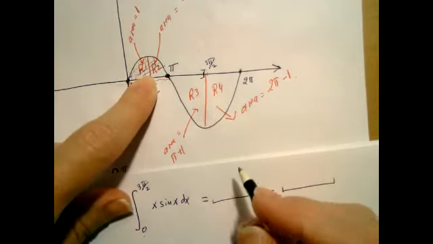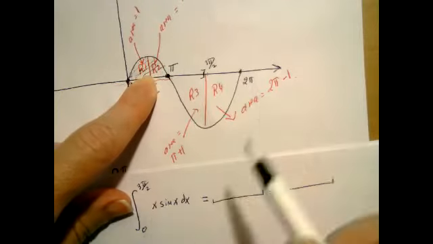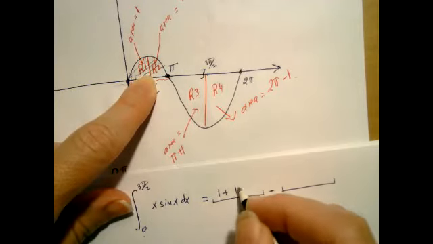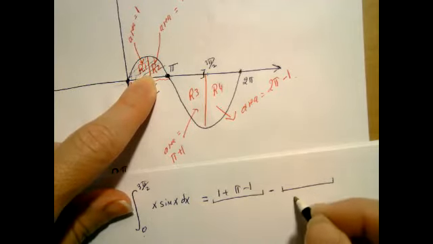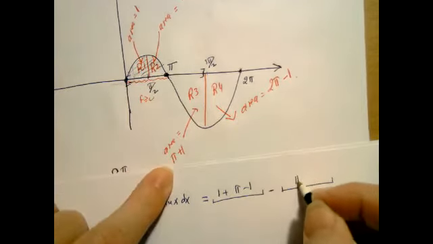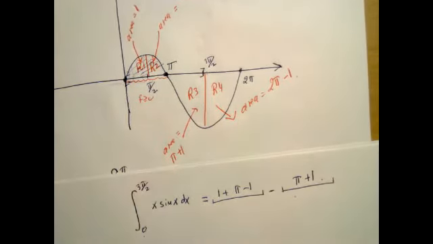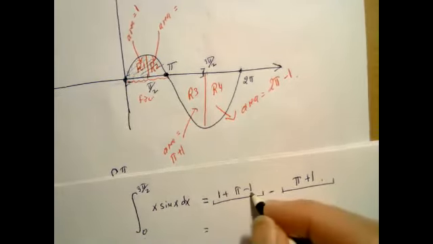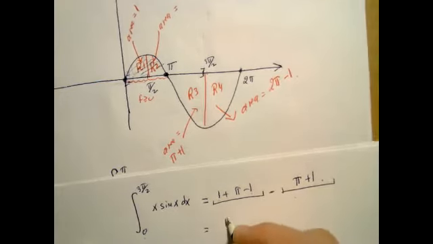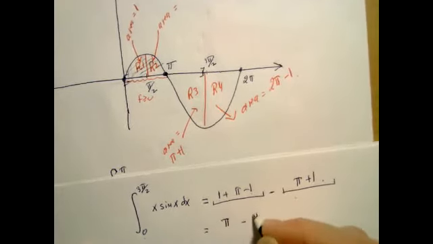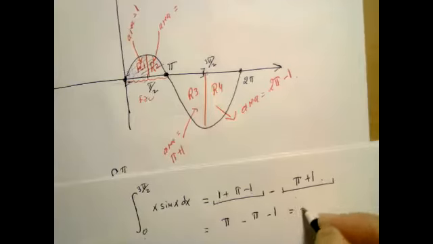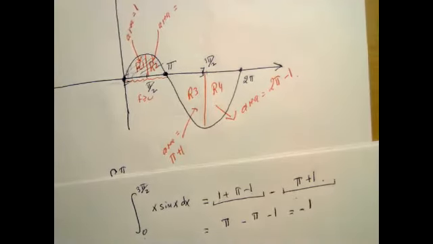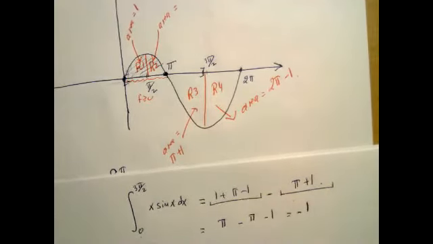Above the x-axis, the area is 1 plus pi minus 1, minus below the x-axis, it means minus pi plus 1. Okay, so this is going to give me what? 1 minus 1 cancel out, so I will have pi minus pi minus 1, which is equal to minus 1. Okay, it's from 0 to 3 pi over 2. All right?